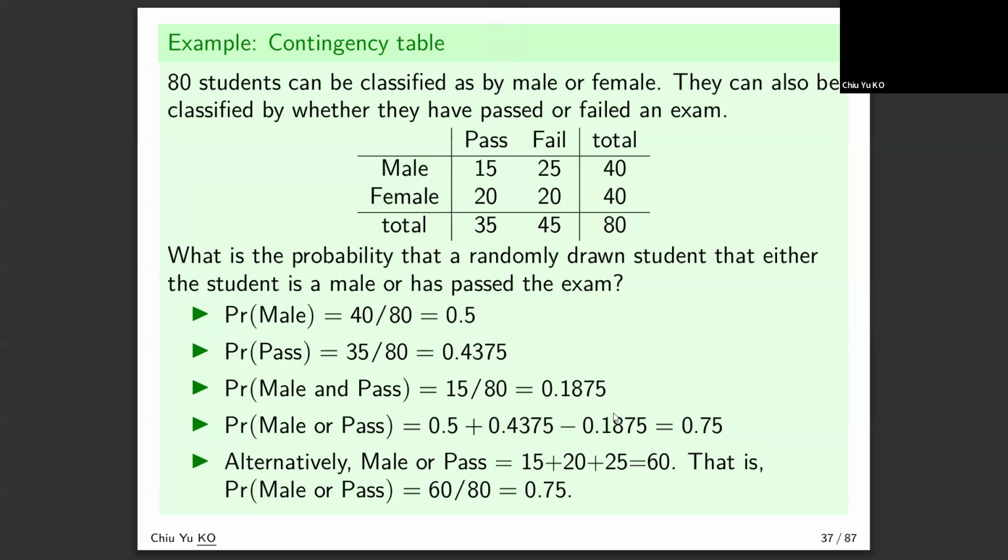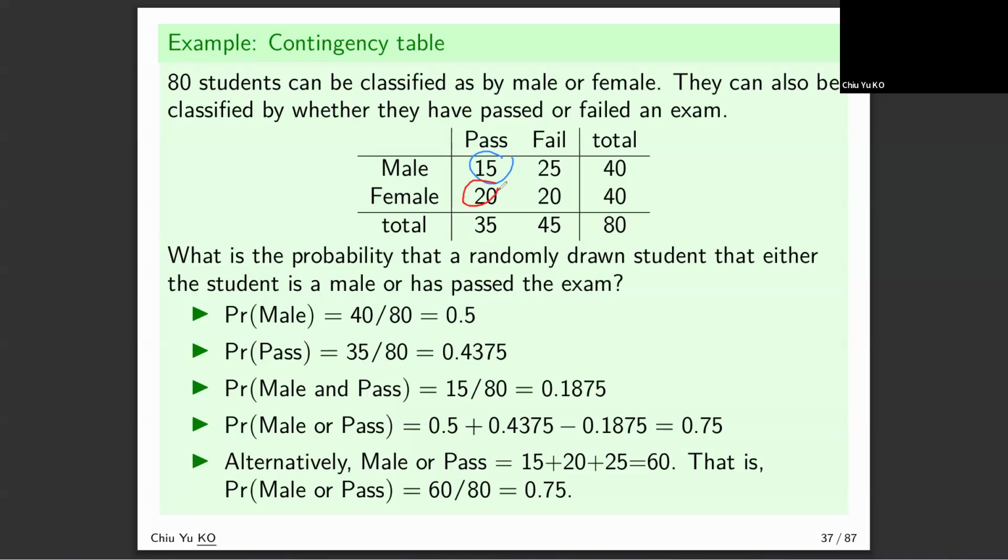For example, 15 is students who passed and are also male. And the red one means there are 20 female students who passed. Remember, these are the intersections, because in this square both of them are true. So this table tells you the intersection.